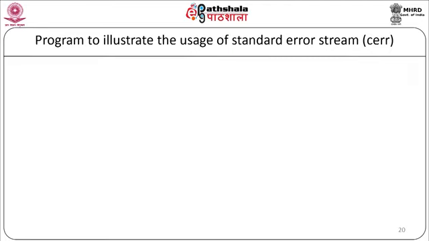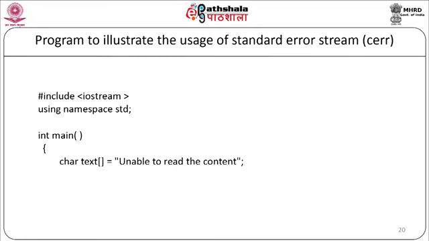We'll start with the program: #include iostream, using namespace std. We'll start with our main function. Here we'll declare our character array as char text[] is equal to, in double quotes, the text string "unable to read the content". Now we'll display this error message using the statement cerr.